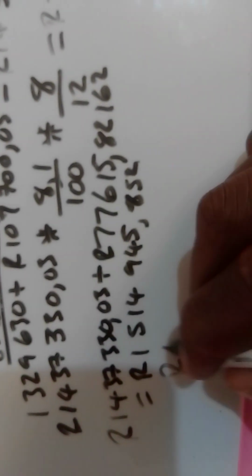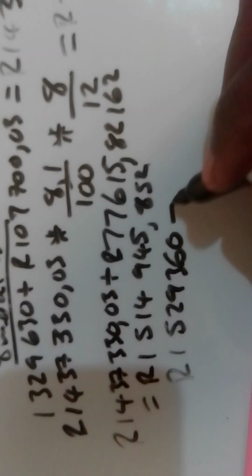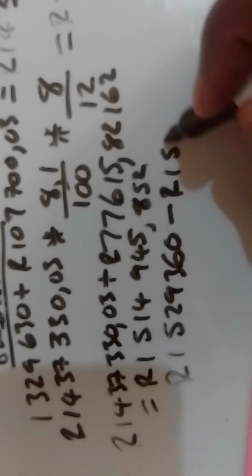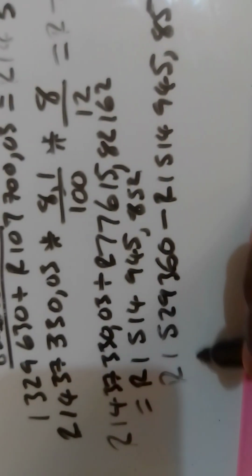But we are not yet done. Remember, they said we should verify. So now we take the return that he made from Canada, 1,529,360, minus this 1,514,945.852, money that he could have potentially made in South Africa.